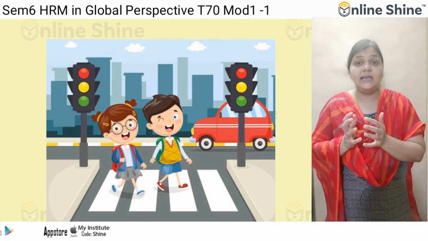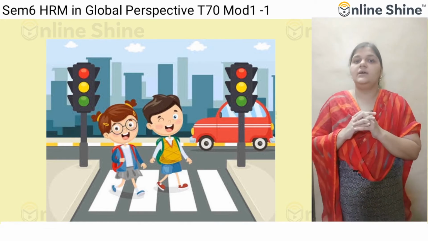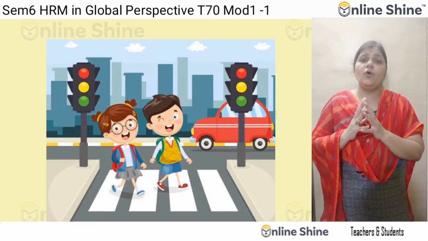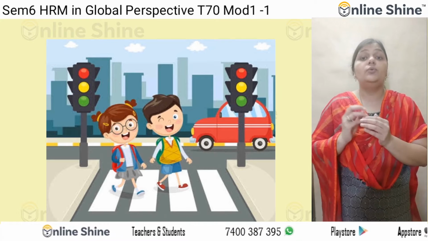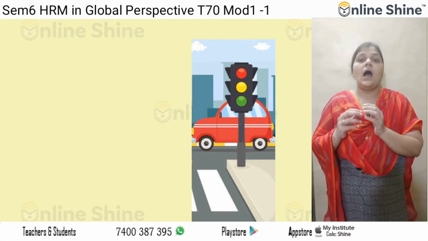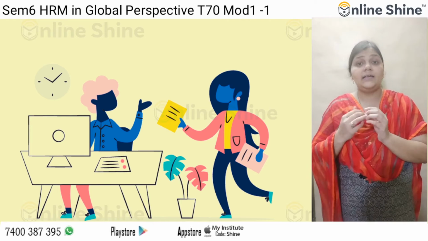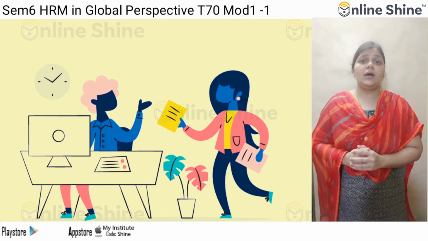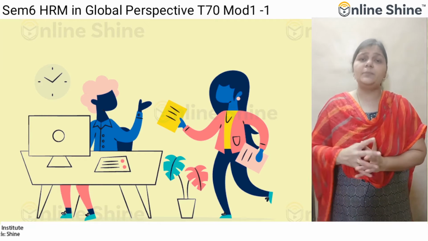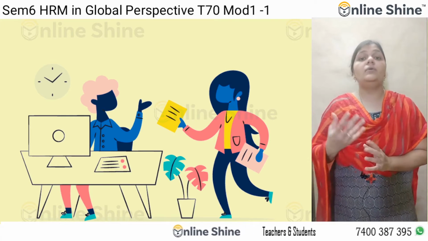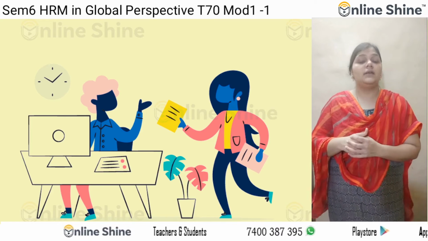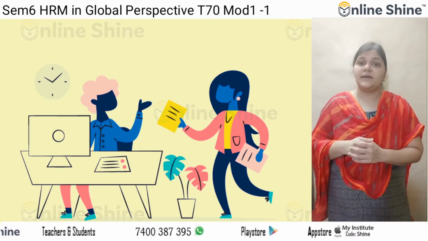And that's exactly what you're supposed to write in your exams: managing your human resource in an international manner, and what exactly an HR is going to do when they handle employees in this form. This was all about what human resource management in international perspective is.